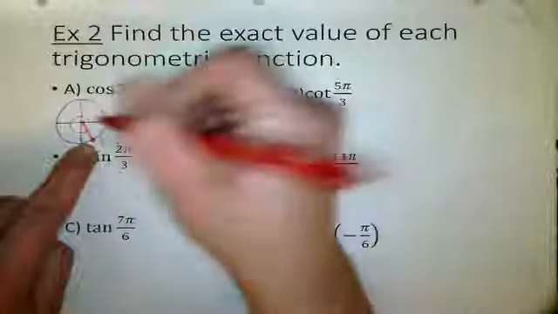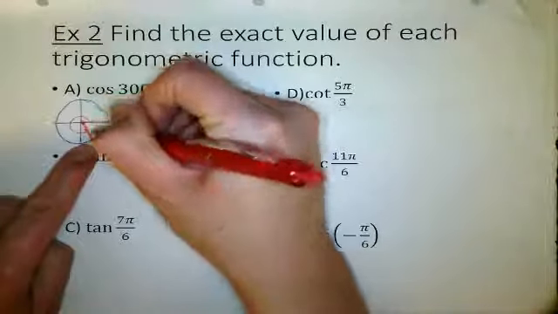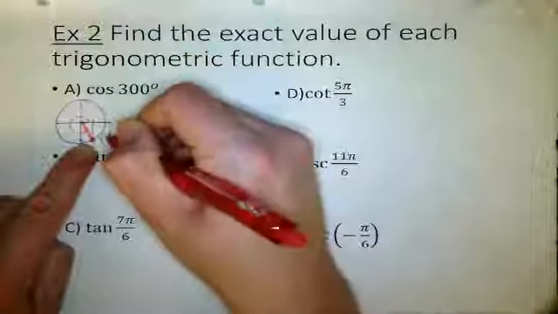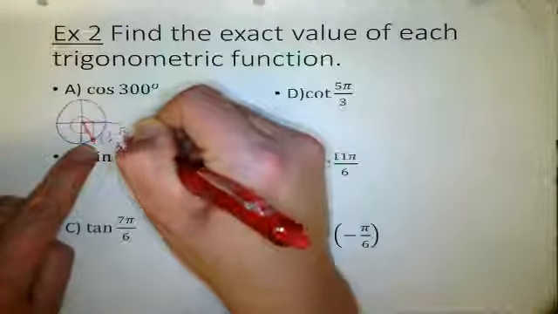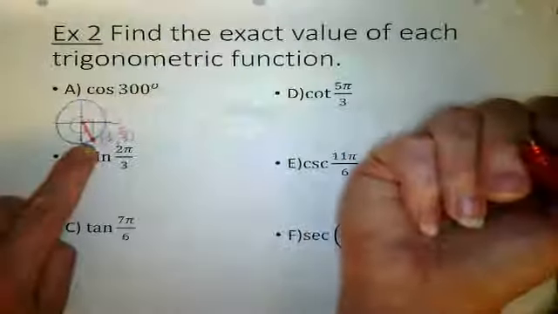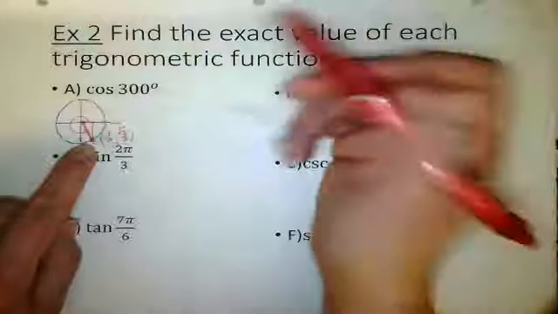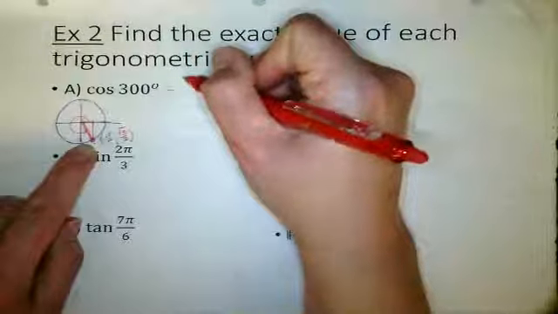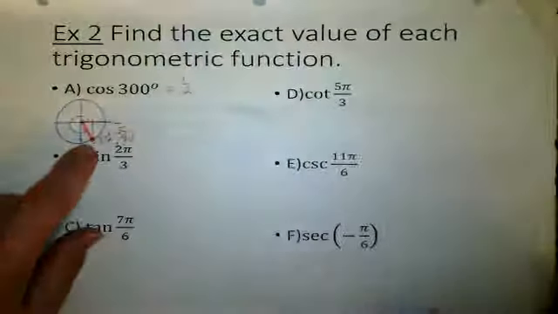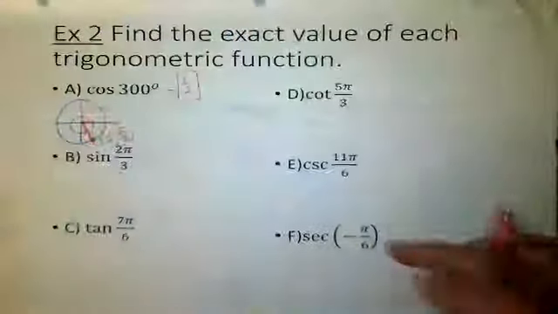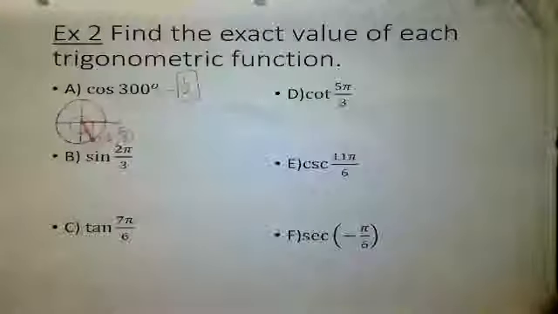Then I can envision short leg, long leg. Can you see it? So 1/2 and negative root 3 over 2. That's the ordered pair. So then what's the cosine value? 1/2. So cosine takes the x coordinate.